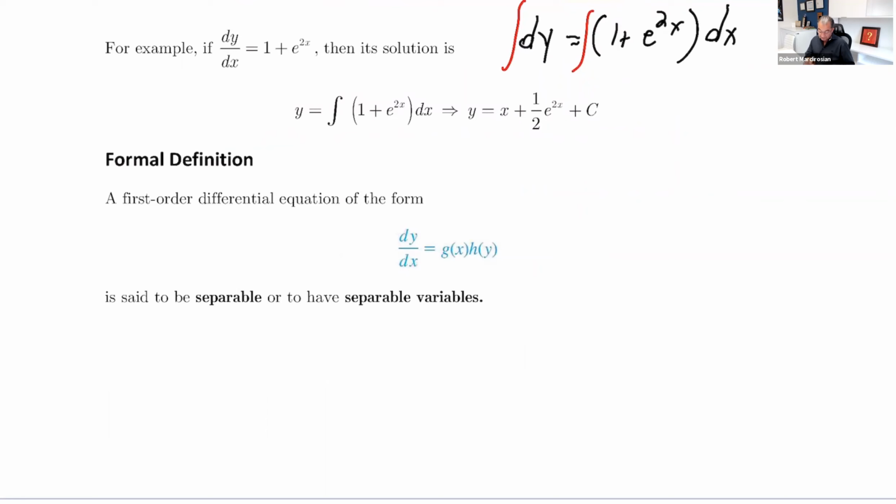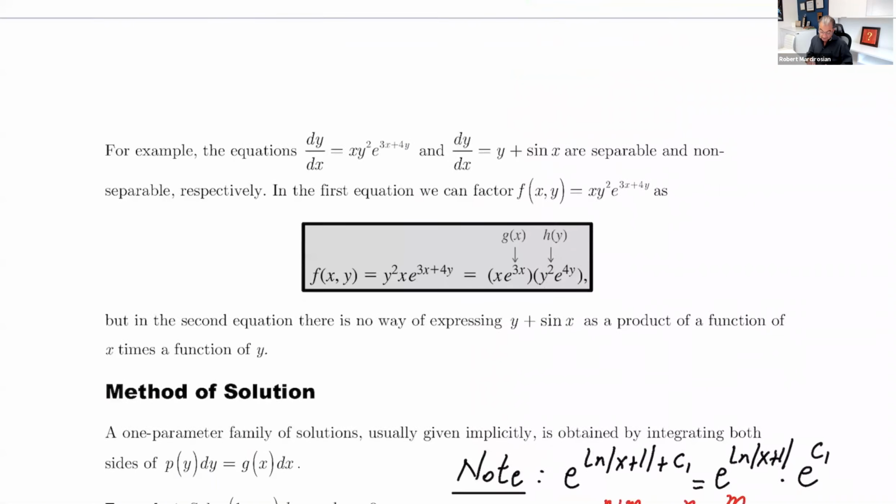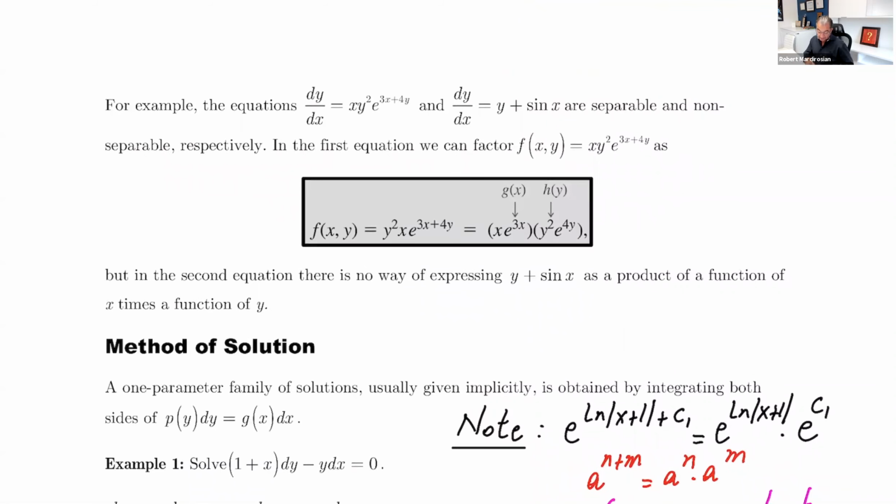Now the formal definition, again, you can write it as dy/dx equals g of x times h of y. This is said to be separable or to have separable variables. Now in these examples, the first one you have dy/dx equals x y squared e to the 3x plus 4y.